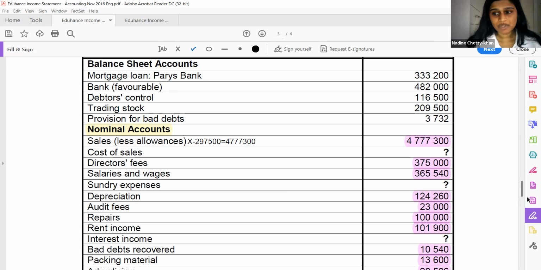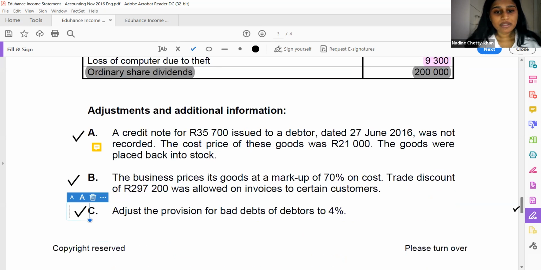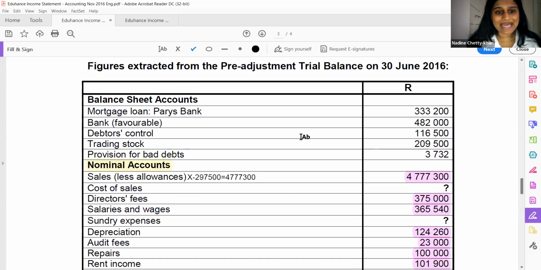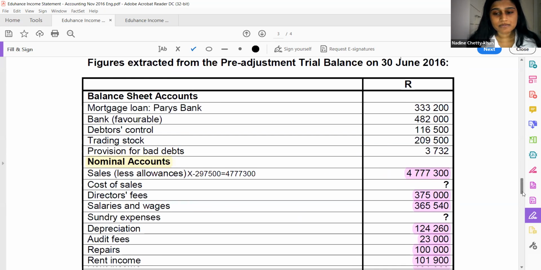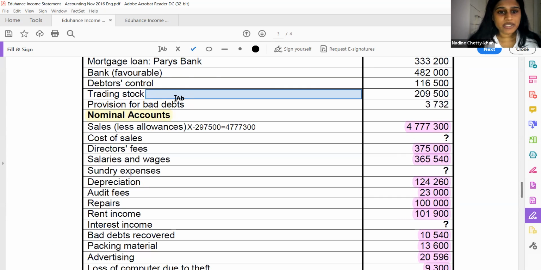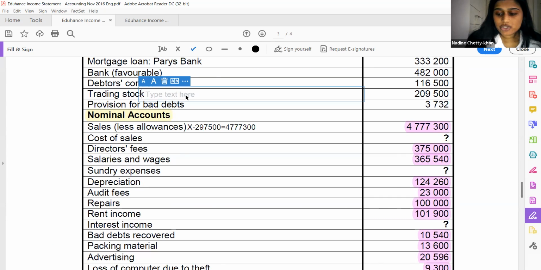Remember that. If you recall, there was some stock that was returned to us of 21,000. So that 21,000 we must add to the trading stock pre-adjusted amount. So let's do it here quickly. 209,500 plus 21,000.